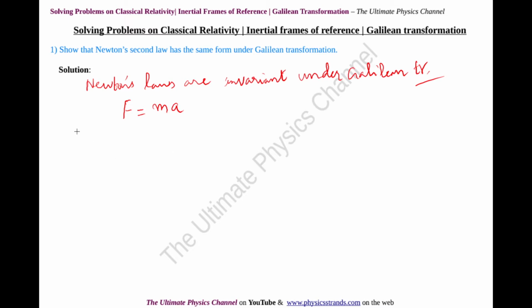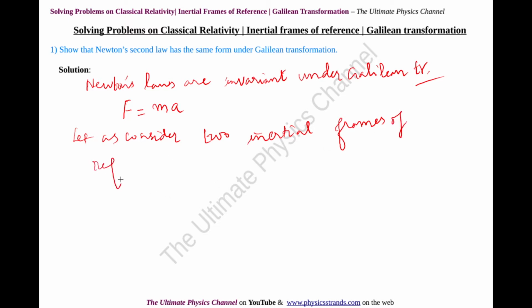So let us consider two frames of reference which are both inertial. That means you have a frame of reference K, and you have another frame of reference under consideration which we call K prime here.